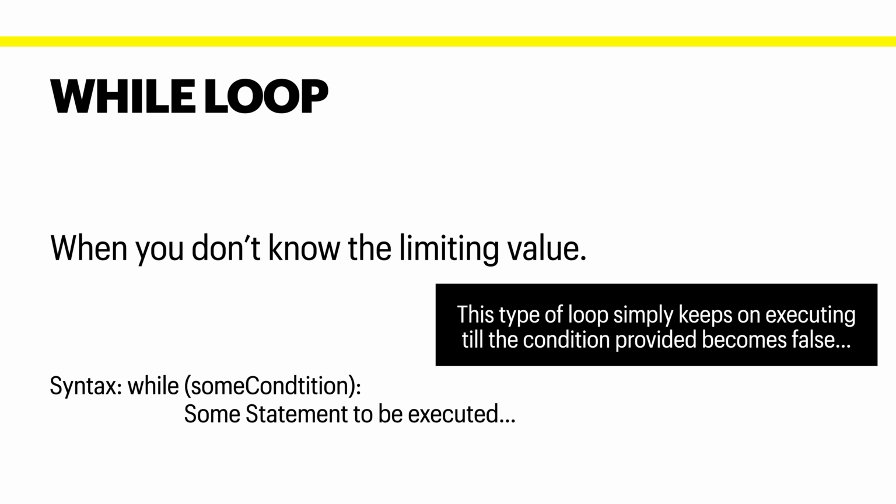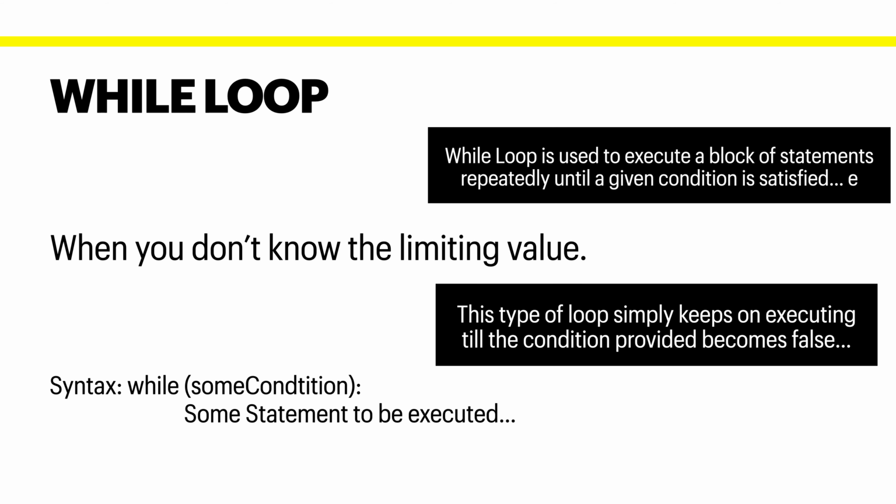If it is still true, the body is executed again and it continues until the expression becomes false. And I have already said that a while loop is used to execute a block of statements repeatedly until a given condition is satisfied. Now let us see an example of a simple while loop.